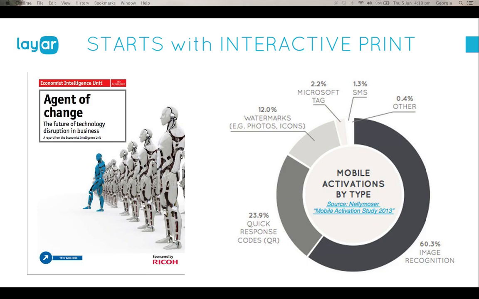And without further ado, let's talk about Layar in advertising. I'm guessing this is the main focus here today, and I would say it all starts with interactive print. Layar in advertising is focused a lot on interactive print, and as you can see in the slides, there's one particularly interesting report by the Economist Intelligence Unit. It's called Agent of Change.